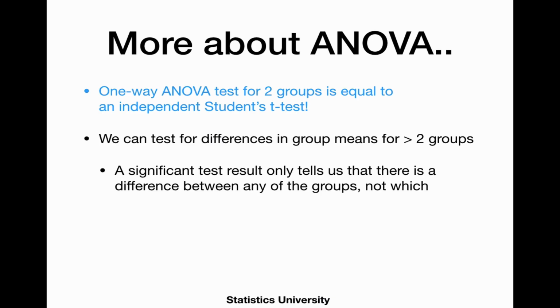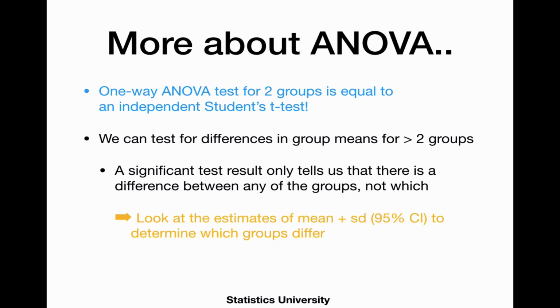But if we obtain a significant test result, it only tells us that there is a difference between any of the groups, but not in which comparison. So to determine that, we have to look at the estimates of the mean and the standard deviation, as well as its associated 95% confidence interval, to determine which groups differ from each other.